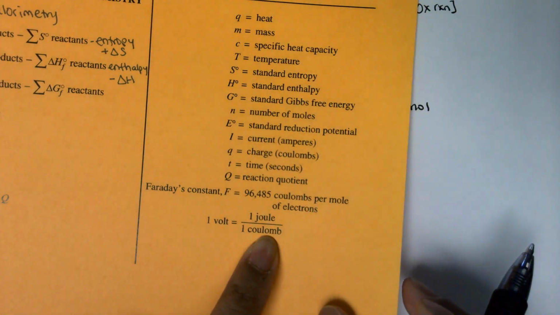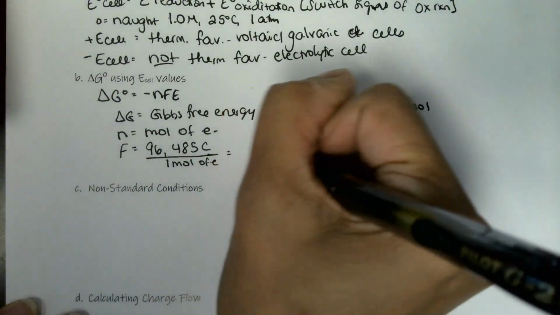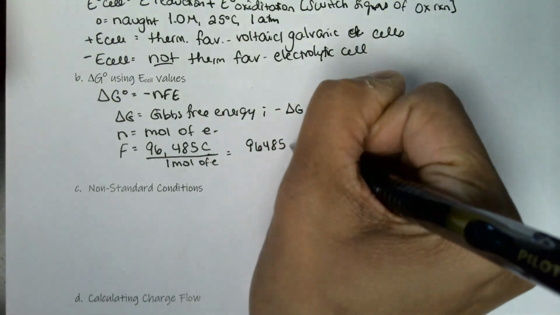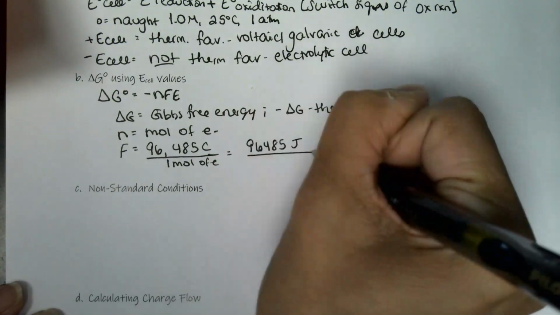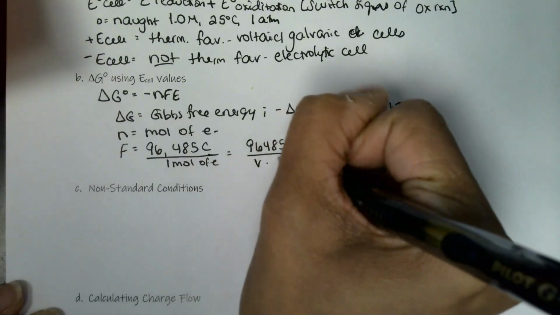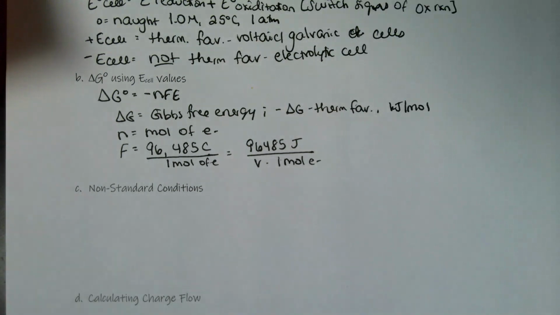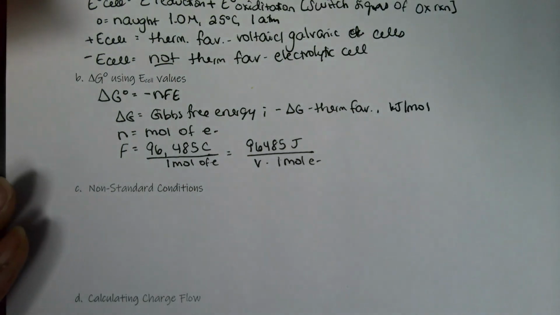And coulombs are also equivalent to joules over volts. So this could also be 96,485 joules over volts times 1 mole of electrons. We might need that when it comes to canceling out some units later on.